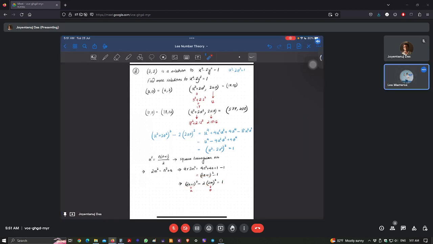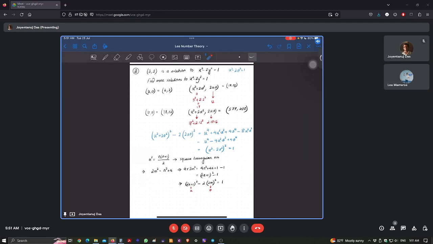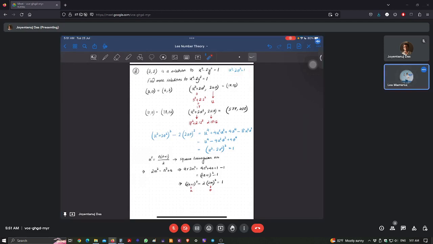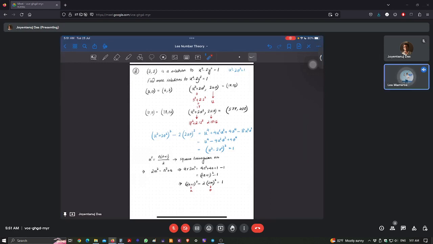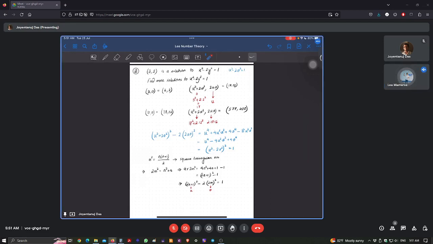Now if I replace 2n plus 1 by u and 2m by v, then it is nothing but this original equation, u squared minus 2v squared equals 1. So 2n plus 1 is equal to u, and 2m is equal to v. That will help us generate more square triangular numbers.